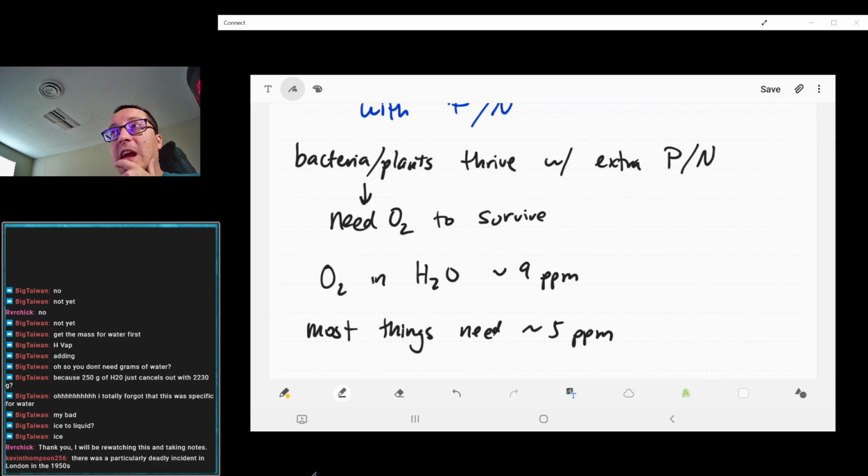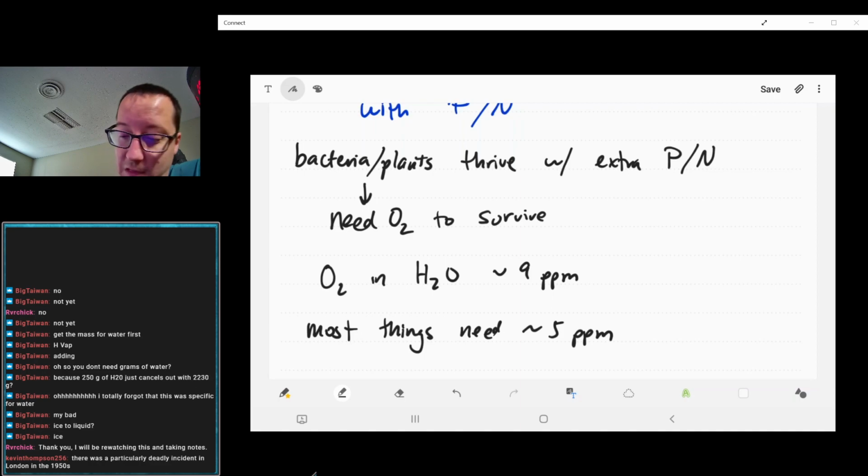So if you dump these nitrogen-containing or phosphorus-containing compounds in, the bacteria are like, oh my goodness, feast time. The plants do the same thing. You end up consuming all of the oxygen while building yourself up, right? When you're creating energy from glucose, you need oxygen, and you need that energy to build yourself up, to grow, to do mitosis and all that sort of thing.